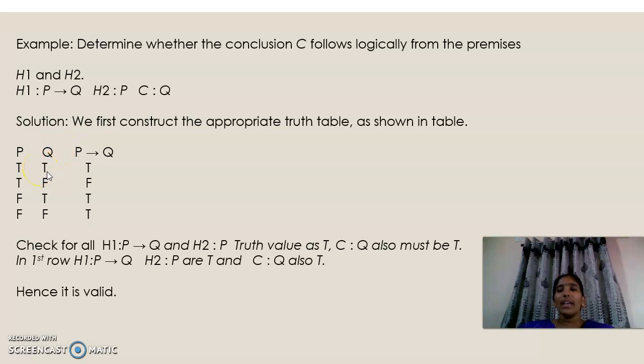It is a valid conclusion. Here for the premises, only one case is true, and in that case the conclusion Q is also true. So Q is a valid conclusion from P conditional Q comma P. This is one method, the truth table method of theory of inference.